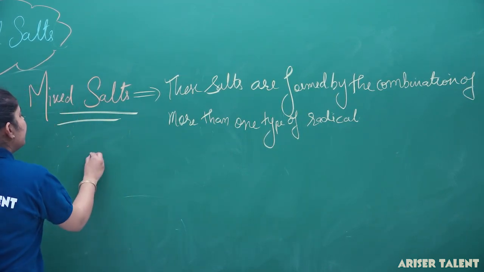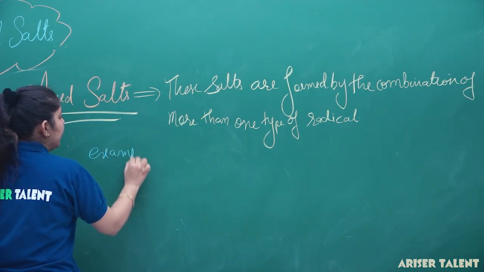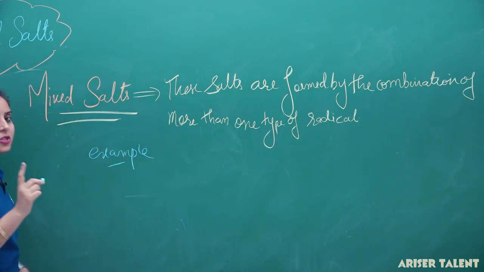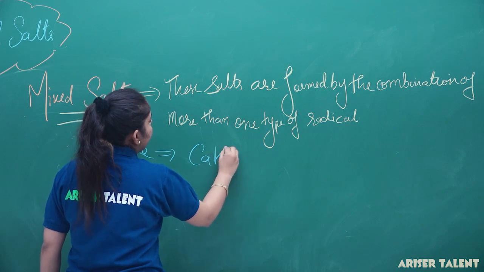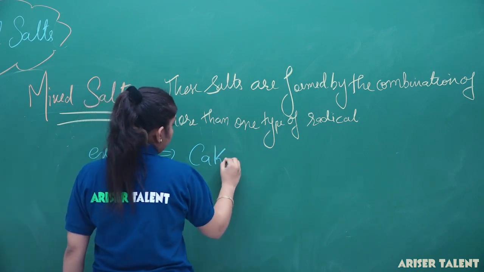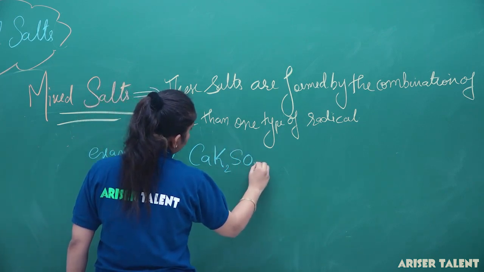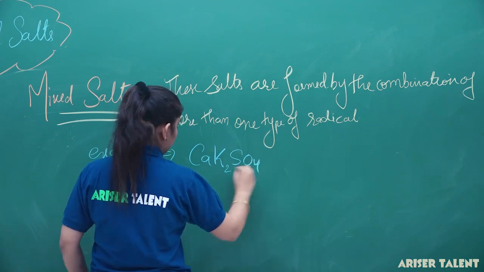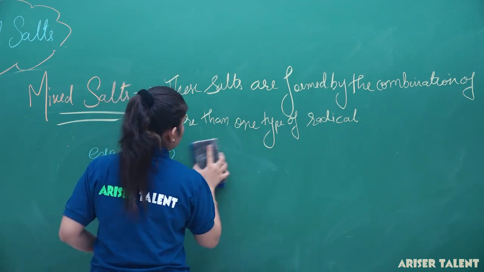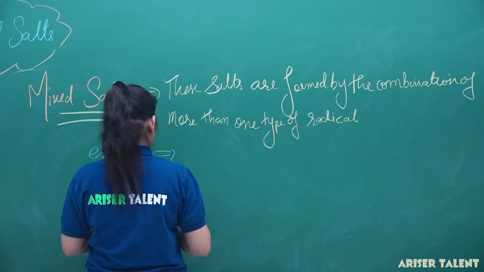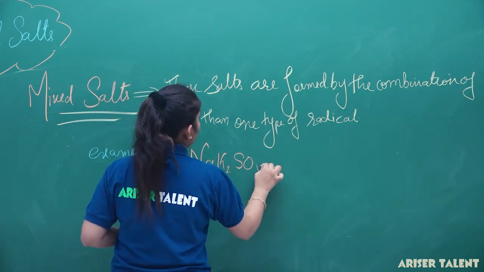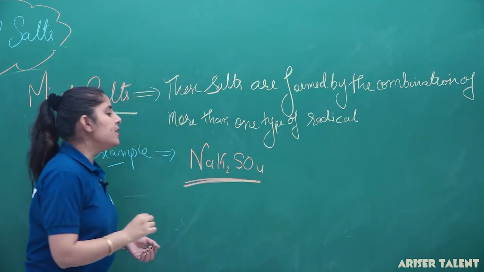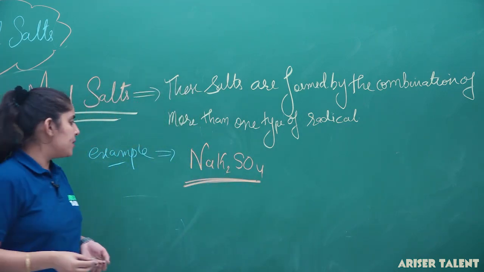Okay, now let me take an example here so it becomes very clear to you what mixed salts actually are. Suppose I am taking the example NaKSO4. So you can see that there are two radical groups present here.